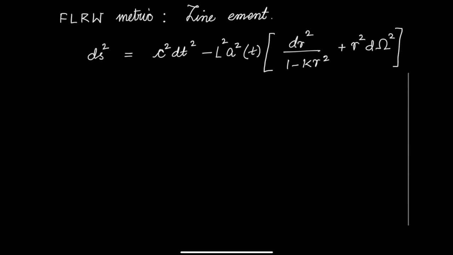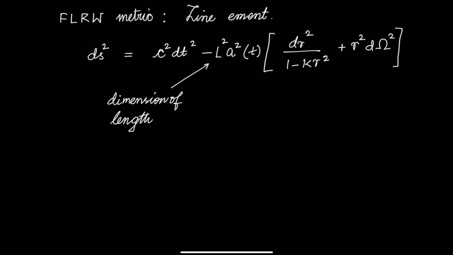So let me tell you what these different things are. L takes the dimension of length, and the coordinate r here is dimensionless because all the length dimension is there in L. This a(t) is called the scale factor. This is the only undetermined function of time that remains in this metric.